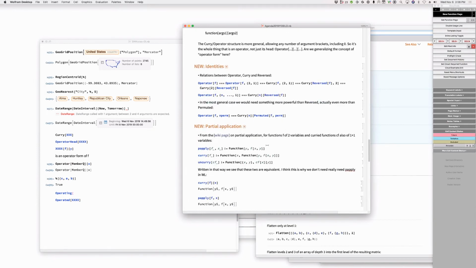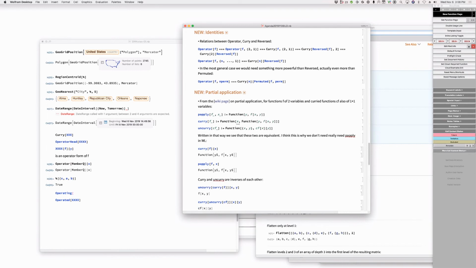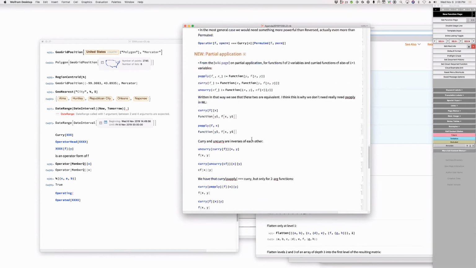Okay, partial application. This is a more complicated one. I was looking at the Wikipedia page for partial application, and they have those operators. Do we care? Not so much. I was wondering about the relation between operator and function.